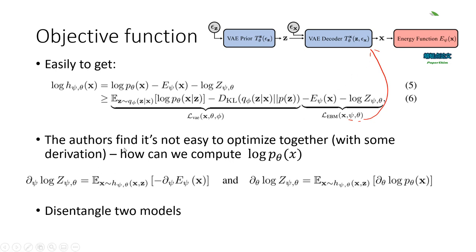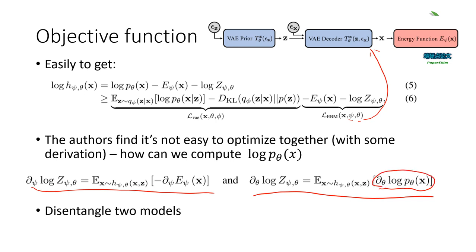The authors found that it's not easy to optimize these models together. They have a lot of derivation in the appendix. They finally found the main problem is on this gradient, especially this one.